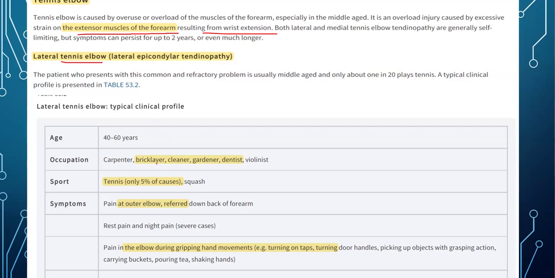Tennis elbow is common in carpenters, bricklayers, cleaners, gardeners, dentists, and definitely someone who plays tennis. There is pain at the outer elbow, and pain in the elbow during gripping movement. So if you do any kind of wrist extension, that means turning the taps, turning the door handle, anything which involves gripping movement, it can aggravate this pain.